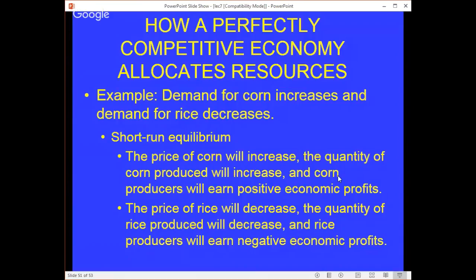Price will go back up to the original price, and economic profit will be zero again. Again, I'm assuming constant costs. I could have assumed increasing costs, in which case the price would have been above P here and below P here.